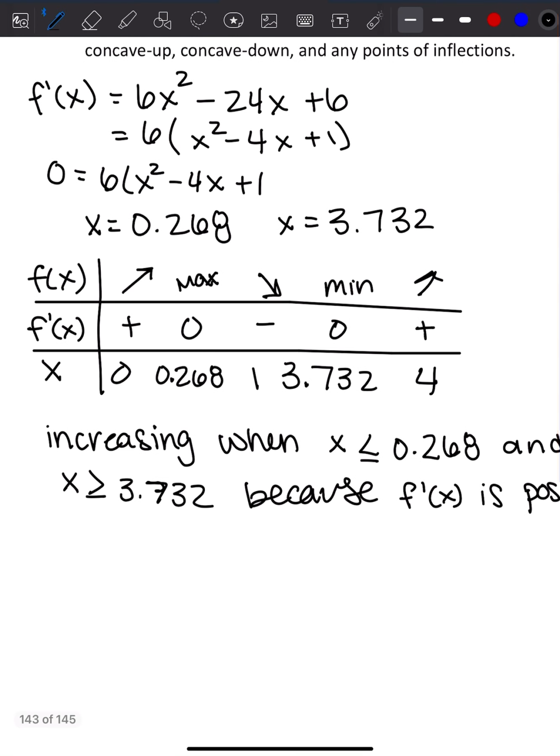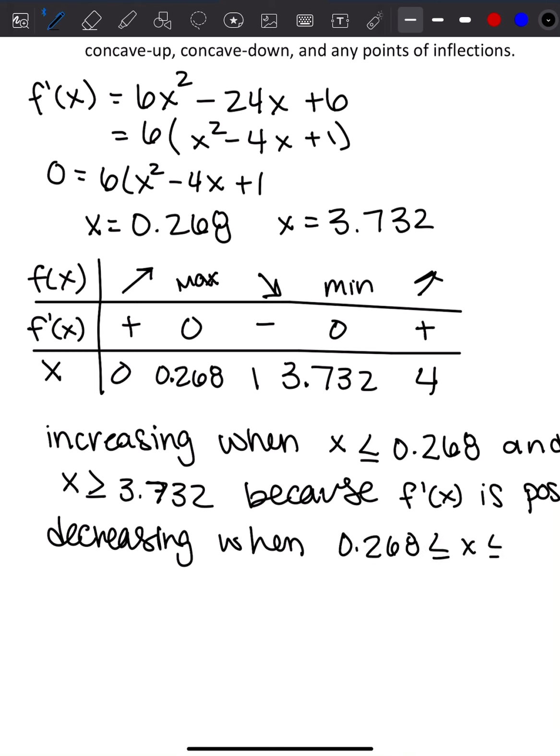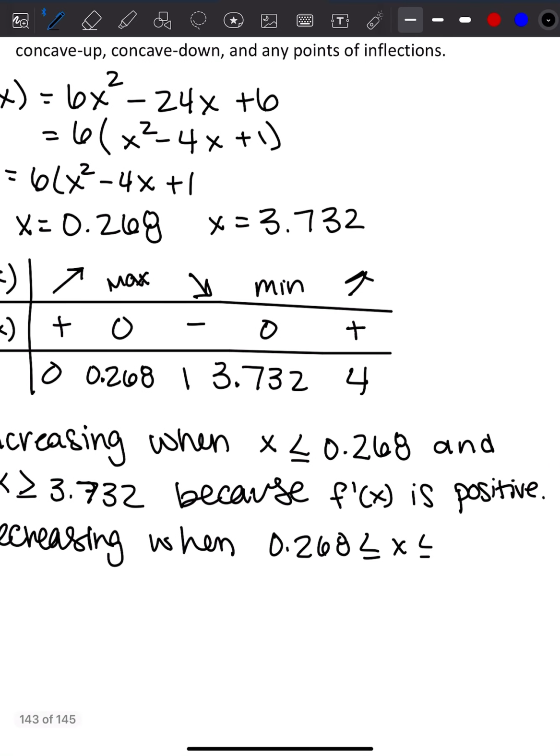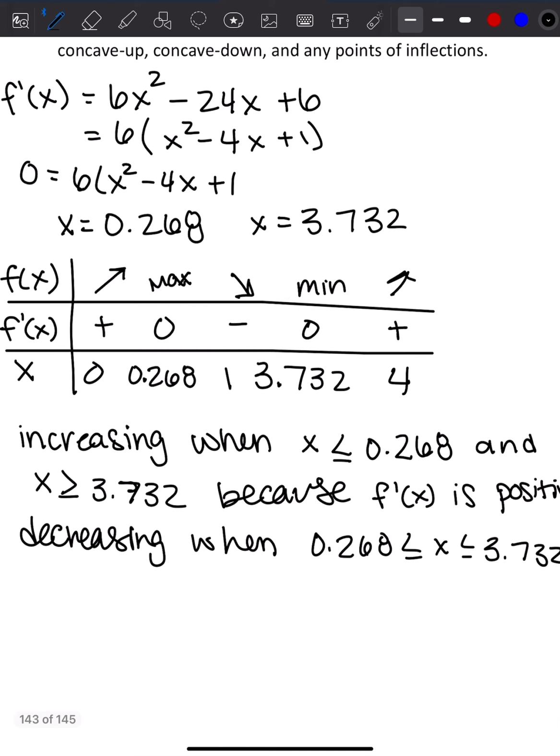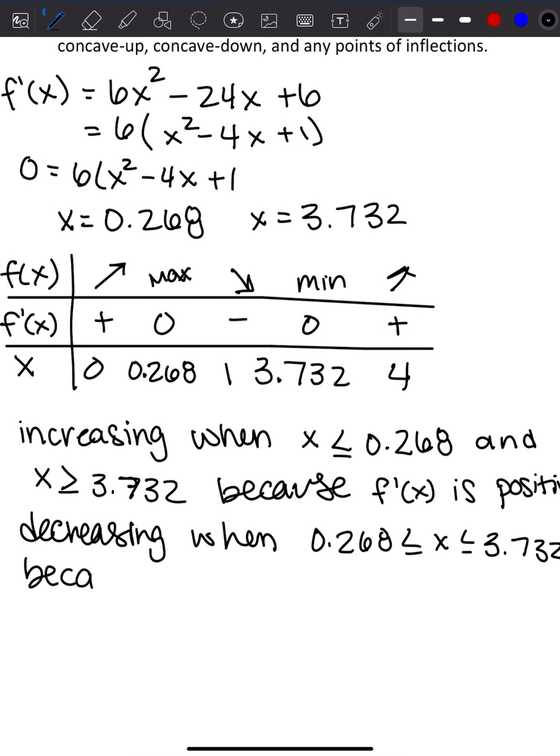I know that we are decreasing when x is in between 0.268 and 3.732, because f prime of x is negative.